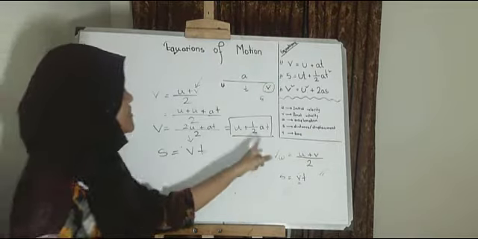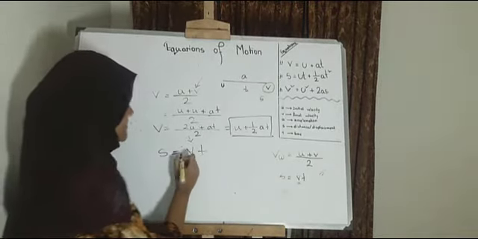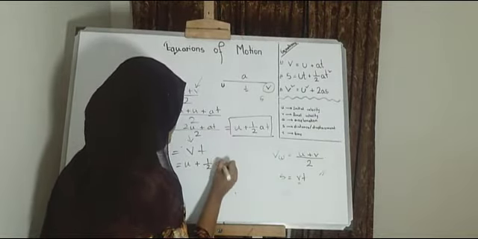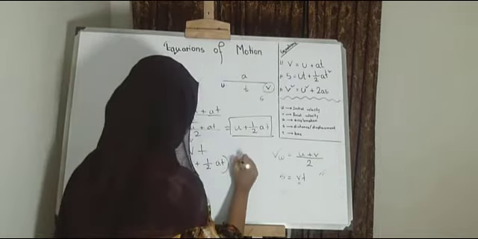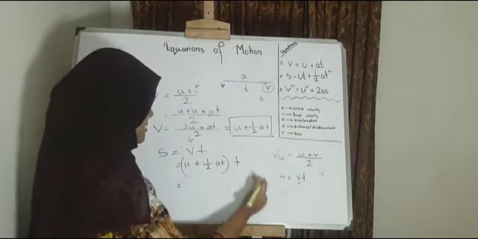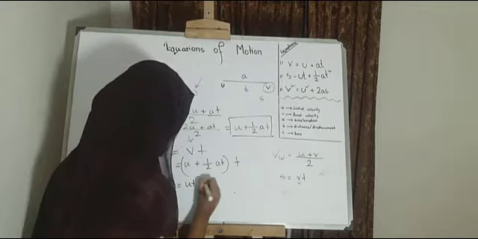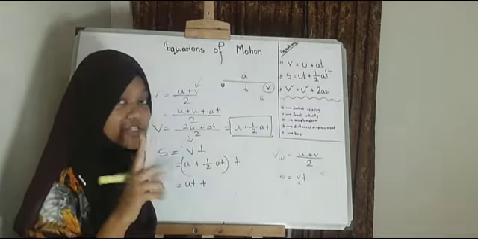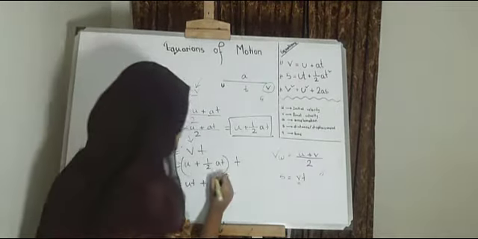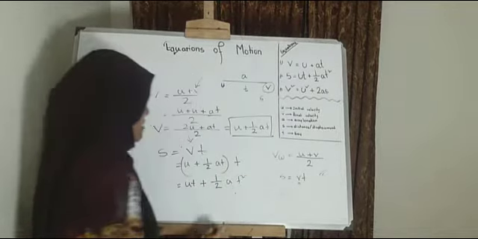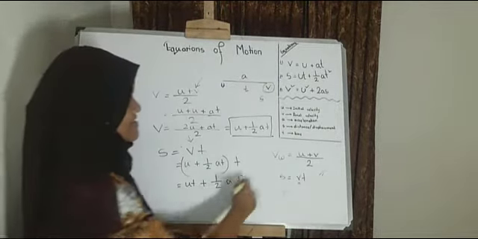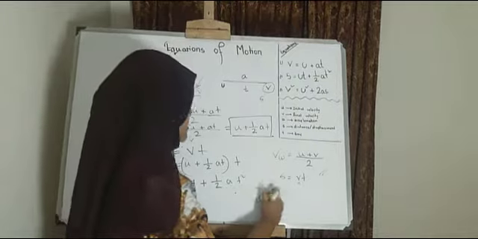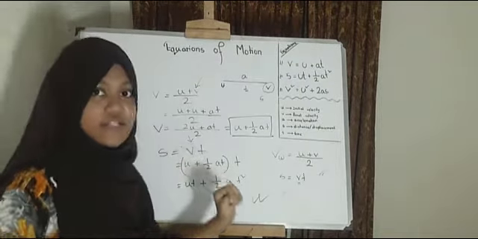So we write u plus half at without writing the v, and multiply with t, which is u multiplied with t, ut, plus half into t into a into t. There are two t's, so t into t equals t squared. So half at squared. And these are similar. So this is the answer. That's how we get the second equation.